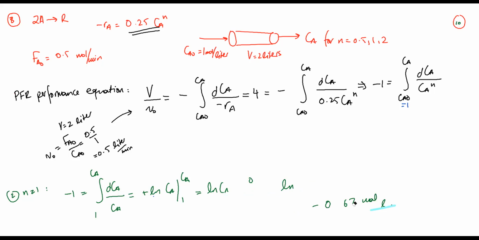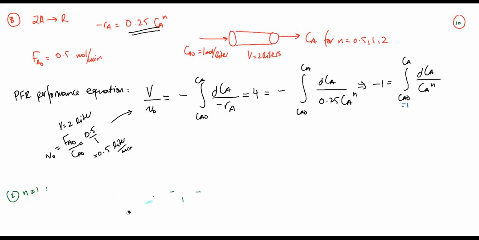Now let's do it again for n equals 2. In this case, I have -1 equal to the integral from 1 to CA of dCA over CA squared, which is CA to the -2.